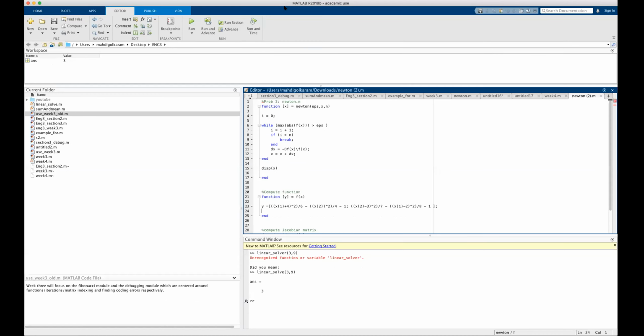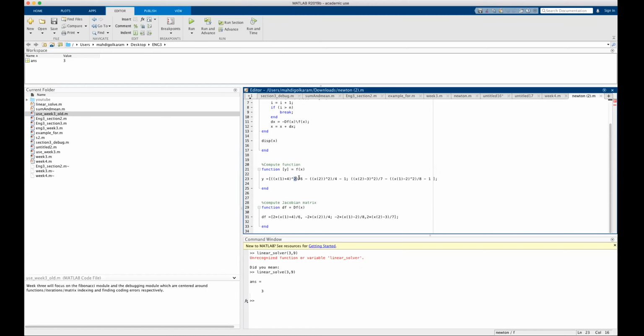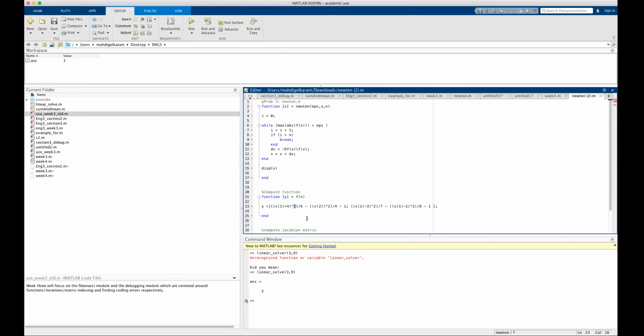Okay, so this is our solution for Newton's method. This is our main function, and this is the actual nonlinear system we have, and this is how we calculate the Jacobian matrix. So usually we have those 3 parts. Let's look at the main function part. We have a while loop here, and the inputs for this function are epsilon, this tolerance, the initial guess, and the maximum iteration, right?